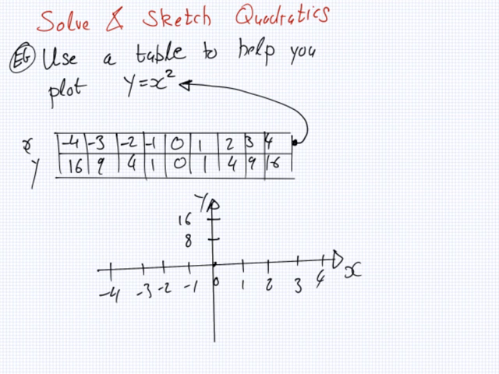So the first one is minus 4, 16, minus 3, 9. Minus 2, 4, minus 1, 1, 0, 1, 4, 9, 16. So I know, it's beautiful. And then our graph looks like this.